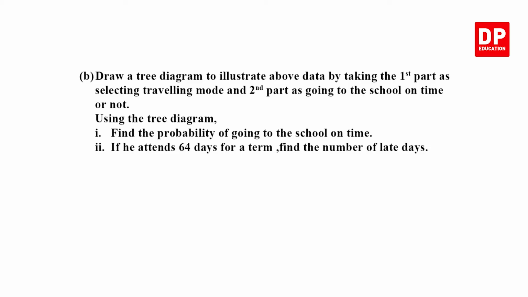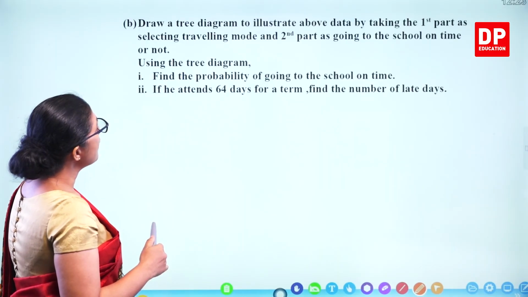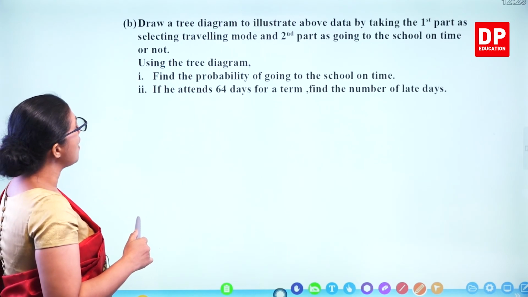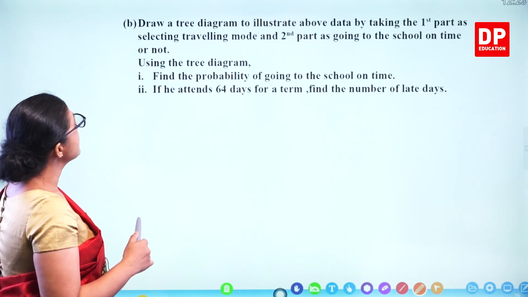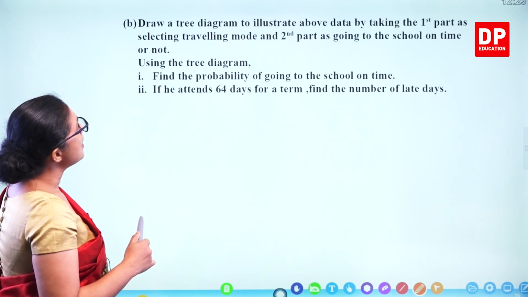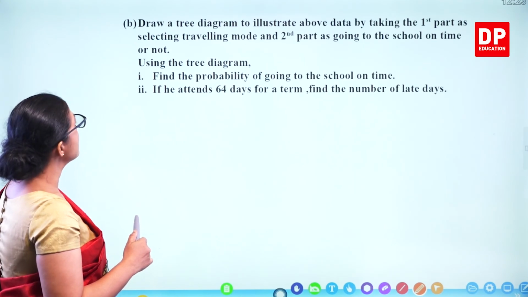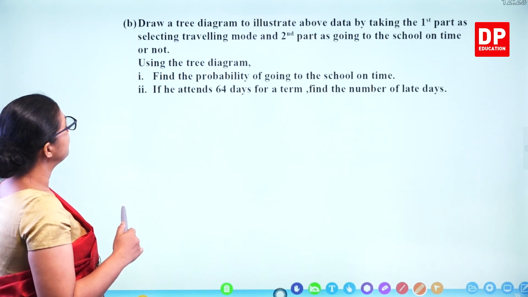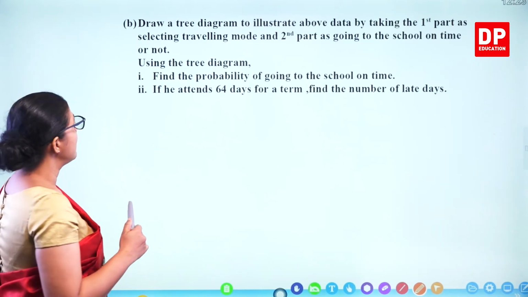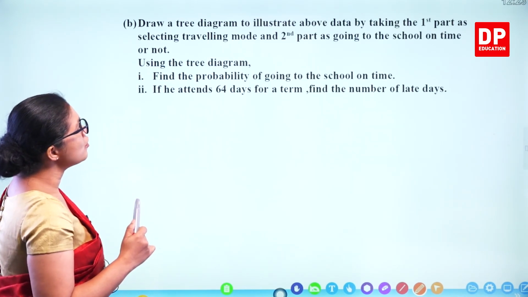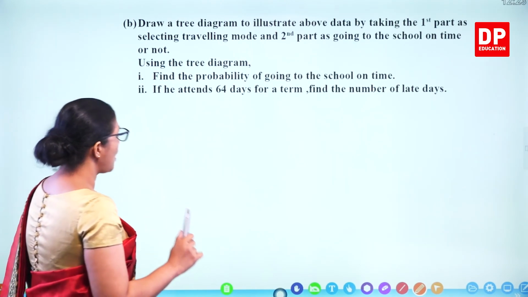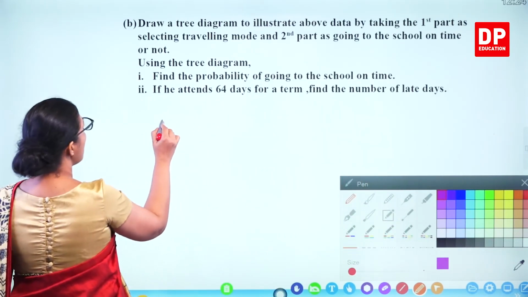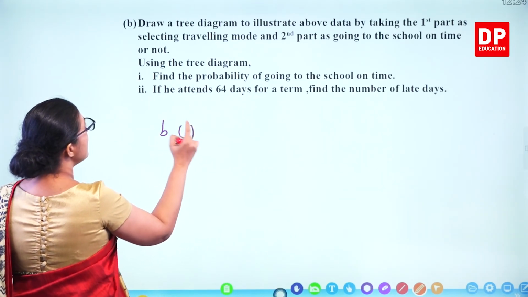Other part, part B. Draw a tree diagram to illustrate the above data by taking the first part as selecting traveling mode and the second part as going to school on time or not. So we already did that. Find the probability of going to the school on time now. Using that tree diagram, we'll answer part B1.